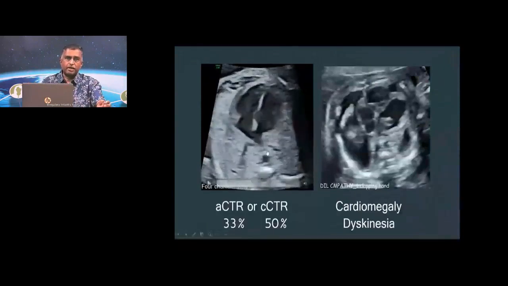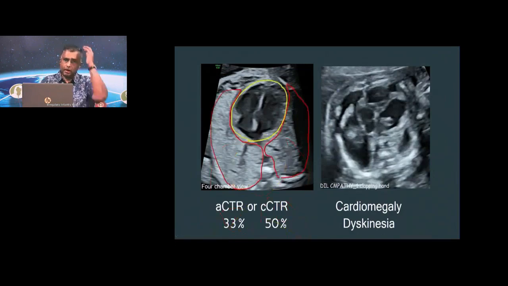But if you have to measure, you can measure in terms of area CTR or circumference CTR. You need to draw perimeters around the thorax and around the heart, and if you're using area, 33%. Any area cardiothoracic ratio more than 33% is cardiomegaly. Anything on the circumference CTR more than 50% is cardiomegaly.